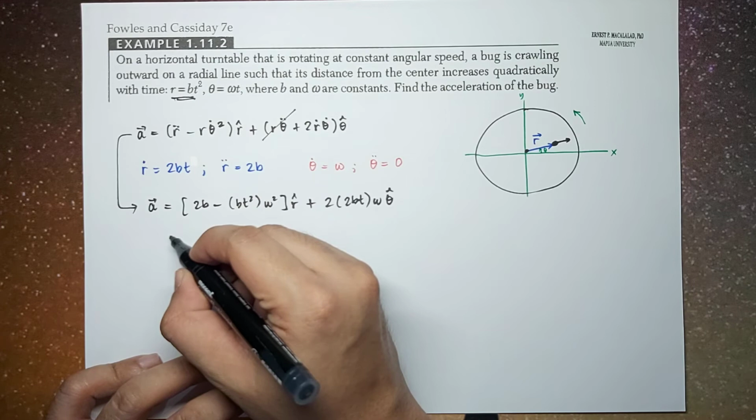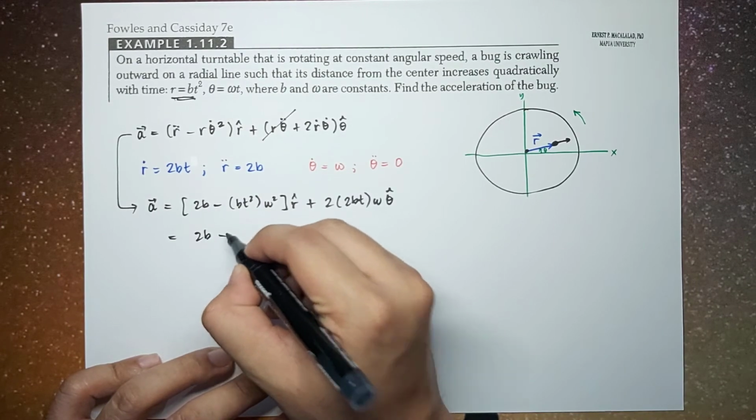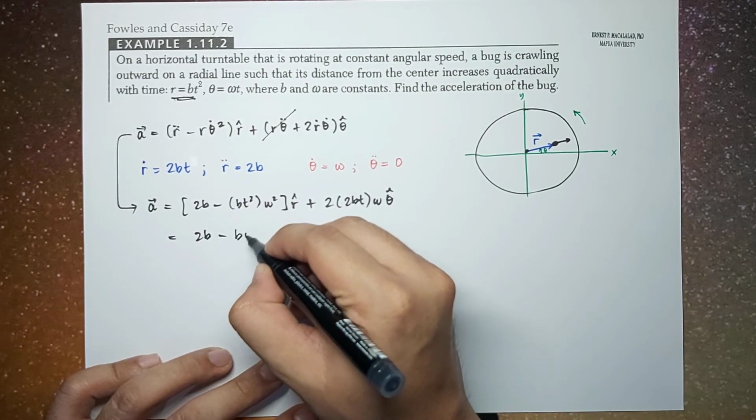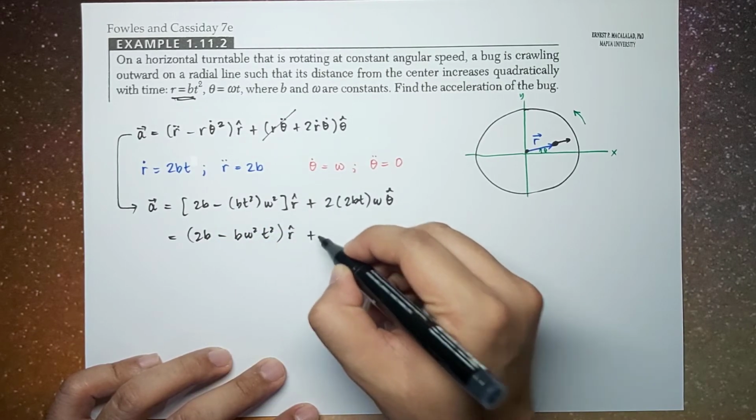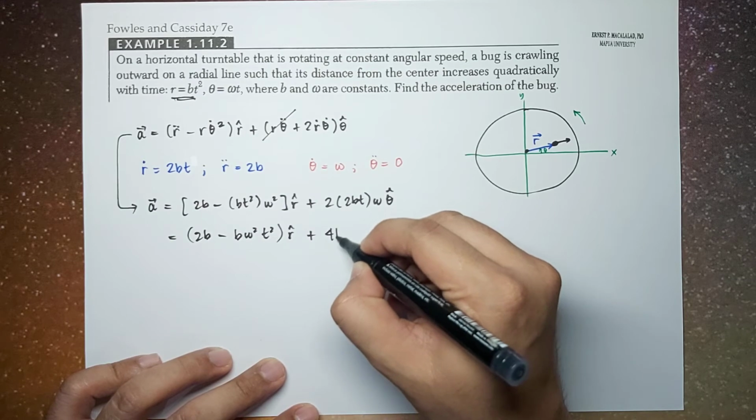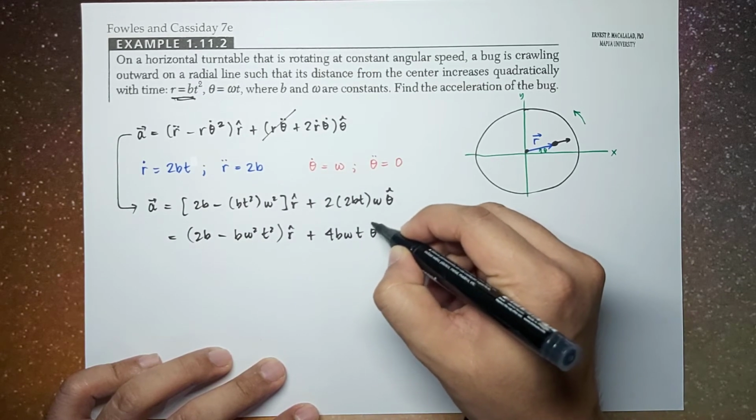Simplifying this, we now have (2b minus b omega squared t squared) r hat plus 4b omega t theta hat.